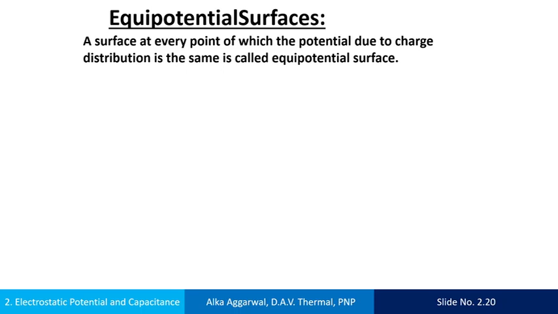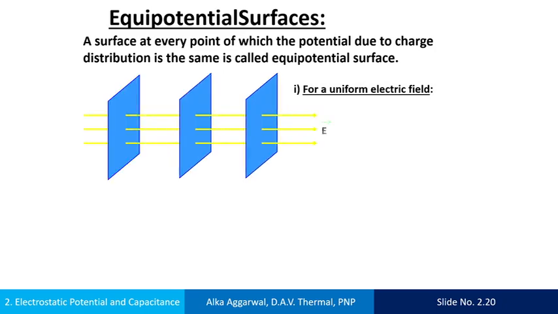For a uniform electric field, this is the representation of the equipotential surfaces. Yellow lines show the representation of the uniform electric field, and the blue planes are the equipotential surfaces for the uniform electric field.